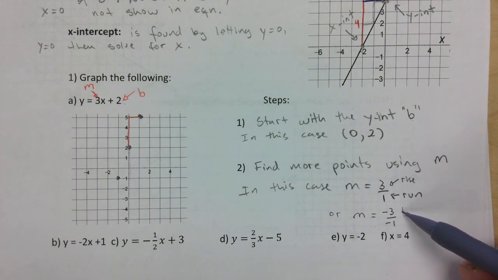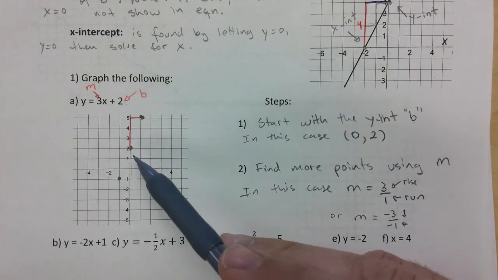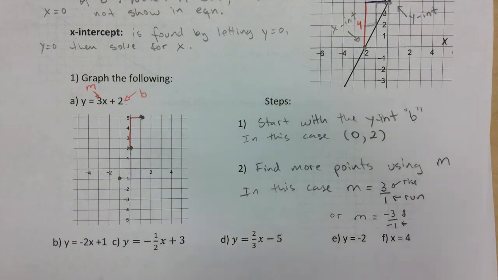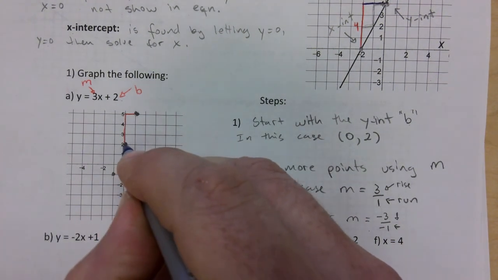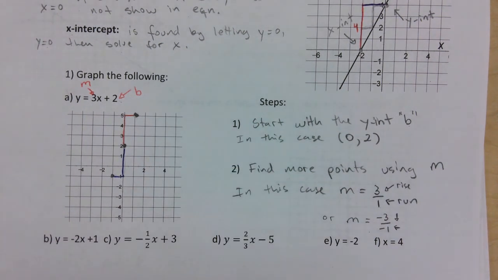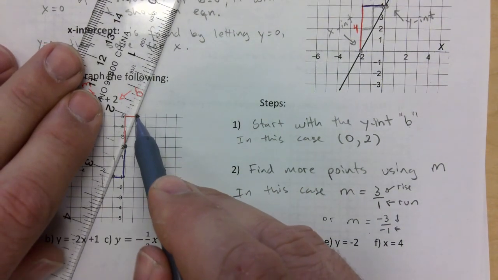That means that you're dropping 3 and you're going to the left 1. So from here where you started, down 3, back 1, right? Use a different color for this one. Okay. And then use your ruler, please use a ruler, and you connect those 3 dots.